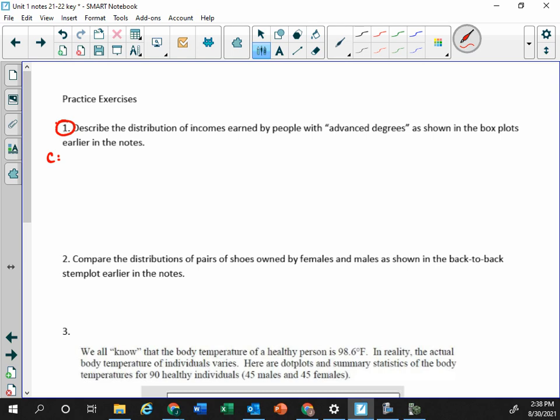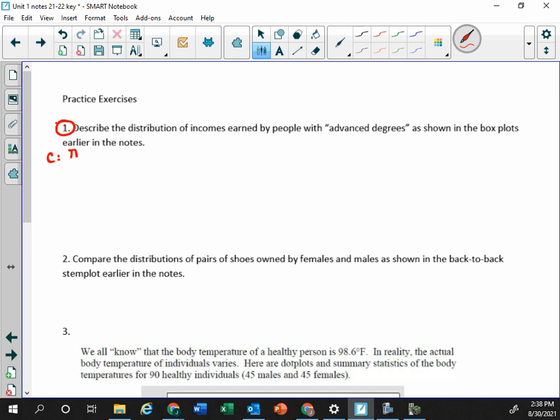Is everybody okay with why we pick median and not mean for this? We can't see those individual data values, so we don't actually know what the mean is. But we know the median because that's one of the numbers in our 5-number summary on the box and whisker plot.